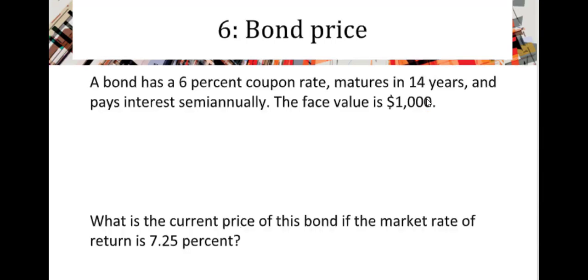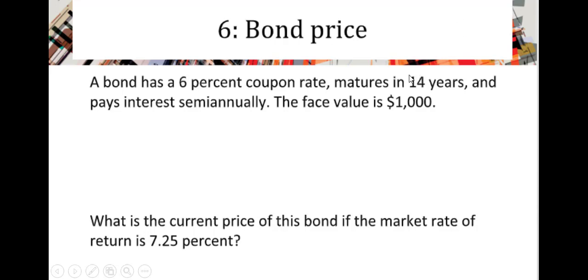The bond price is the present value of each of the interest payments plus the present value of the face amount, which will be paid in 14 years. Since the interest payments are equal in amount and occur at the end of each time period, they qualify as an ordinary annuity.